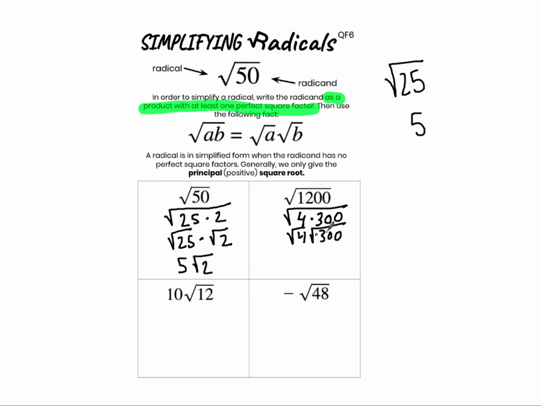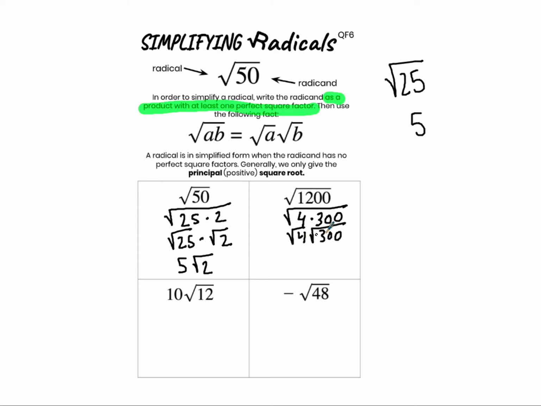Now I could do this a little more efficiently. I could have written the 100 first, but I have 2 times the square root of 3 times what is the square root of 100? It is just 10. Now I need to go ahead and multiply the 2 and the 10, which gives me 20. And there's my final simplified expression, 20 radical 3, which is 20 times the square root of 3.